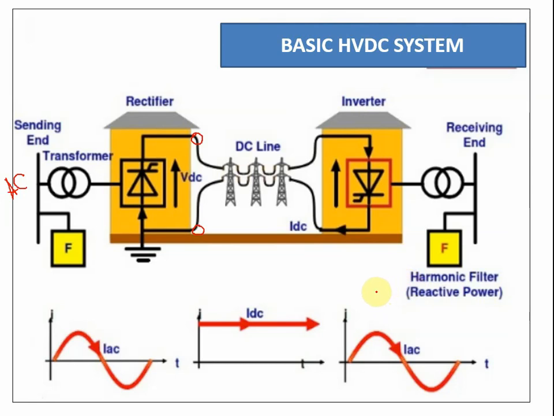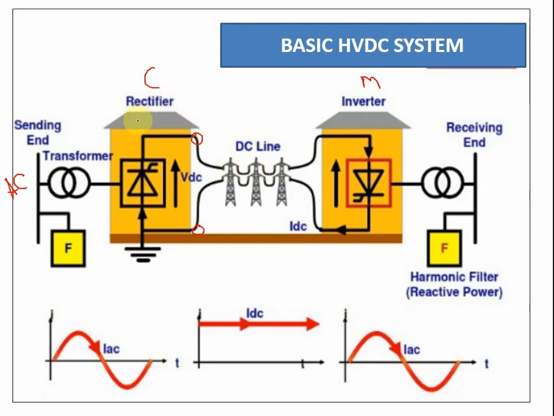Suppose I want to give a practical example. In Maharashtra, there is one HVDC transmission line between Chandrapur and Padghe in Mumbai. This is Chandrapur and this is Mumbai. The distance between these two cities is about 750 kilometers.